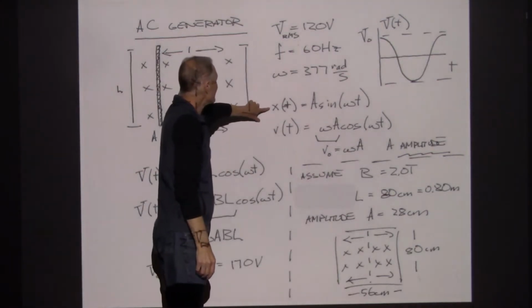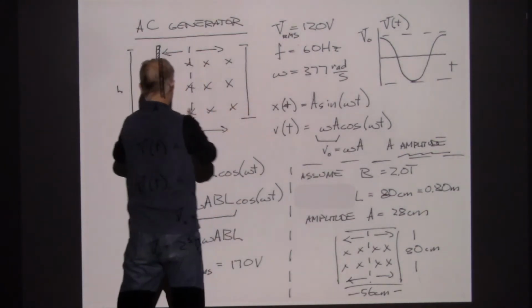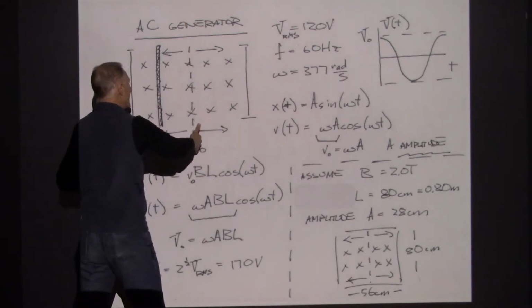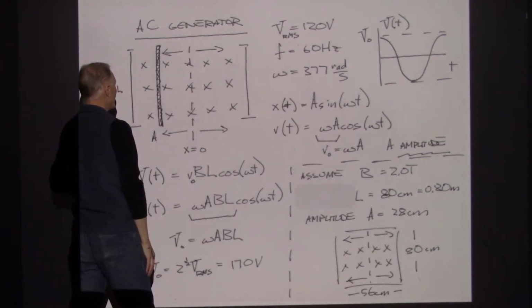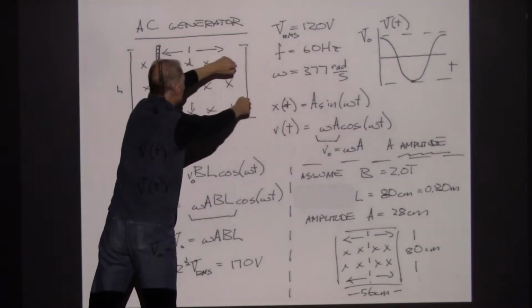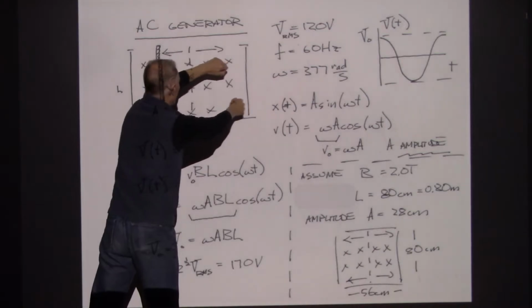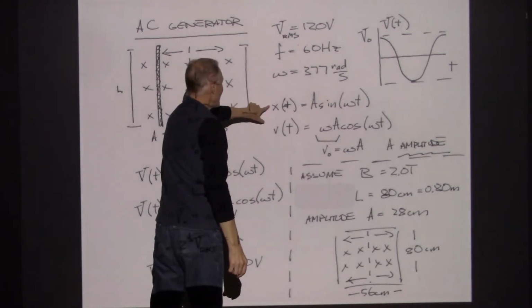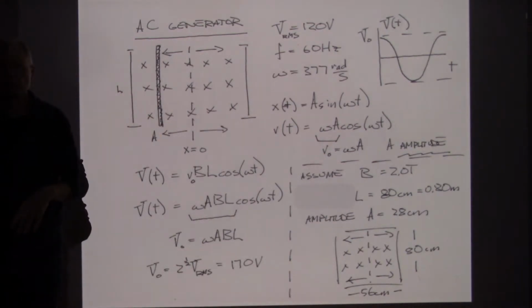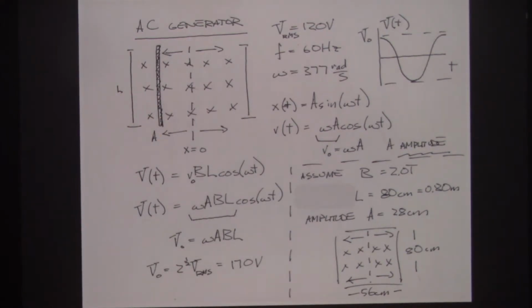So what we're saying is that as a function of position, so let's say x equals 0 is right down the center of this generator, and the line here is going to get pushed back and forth like this, so that x varies like a sine function. So this takes us back to those chapters on oscillation.